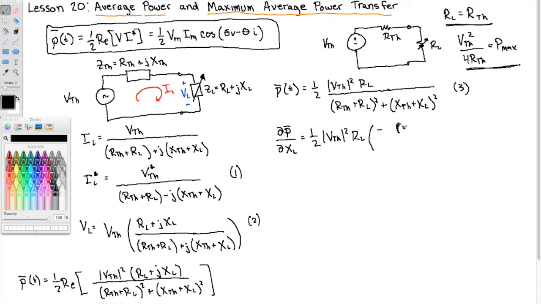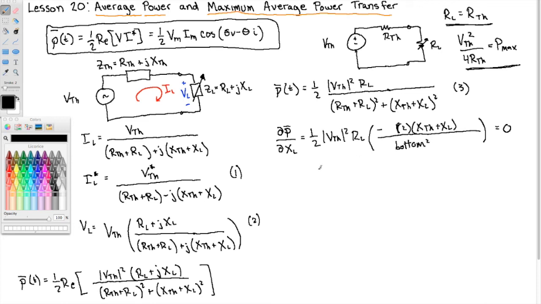The derivative of the bottom is 2 times X Thevenin plus XL, all over the bottom squared. The bottom squared doesn't really matter because in the end I'm going to set this thing equal to 0. What I need is the numerator to be 0, since 0 divided by some non-zero number gives me 0. So I'm just going to write the bottom squared down here.